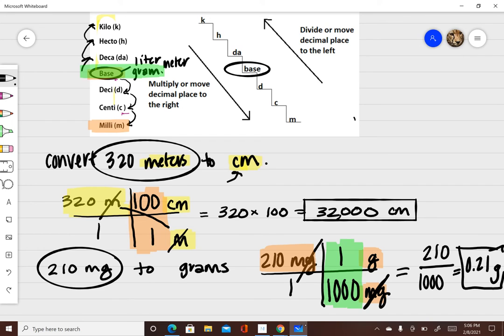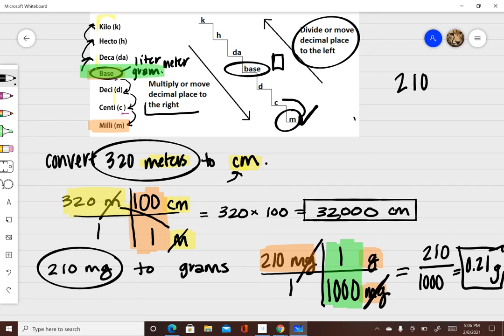So if I started with 210 milligrams, I started over here with my milligrams, right? What's my starting point? I'm going to grams up top. This is going to be my ending point. According to my information, over here, as I move up the scale, I move my decimal place to the left.